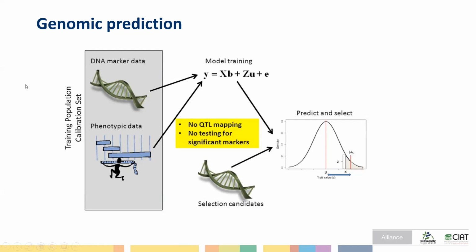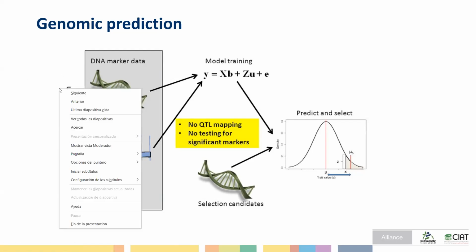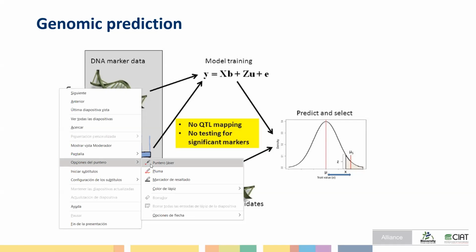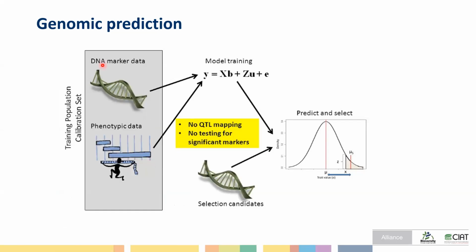Genomic prediction combines molecular and phenotypic data in a training population and uses statistical models to estimate the breeding values, the GEBVs, of individuals in a testing or validation population that have been genotyped but not phenotyped.